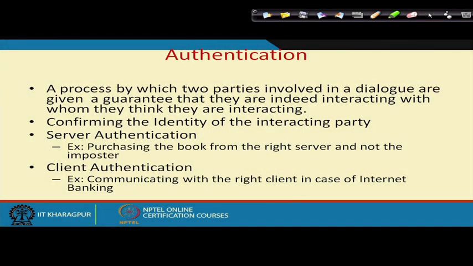So, authentication is the process of confirming the identity of the interacting party. It can happen in two ways. First of all, the client may sometimes authenticate the server, and sometimes the server has to authenticate the client. For an example, consider the case of server authentication. Suppose you are purchasing a book and you are giving your payment details to the book server.